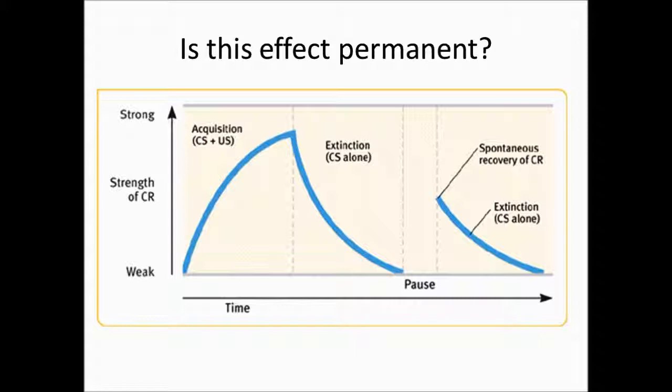Now, if we stop pairing that conditioned stimulus and the unconditioned stimulus and stop putting the food there, then this response starts to decrease, and that's our extinction phase. Now, during this, if you start putting the two back together, the unconditioned and the conditioned, then it's going to get back up to that original strength really quickly, or whiz straight back up there very, very quickly.